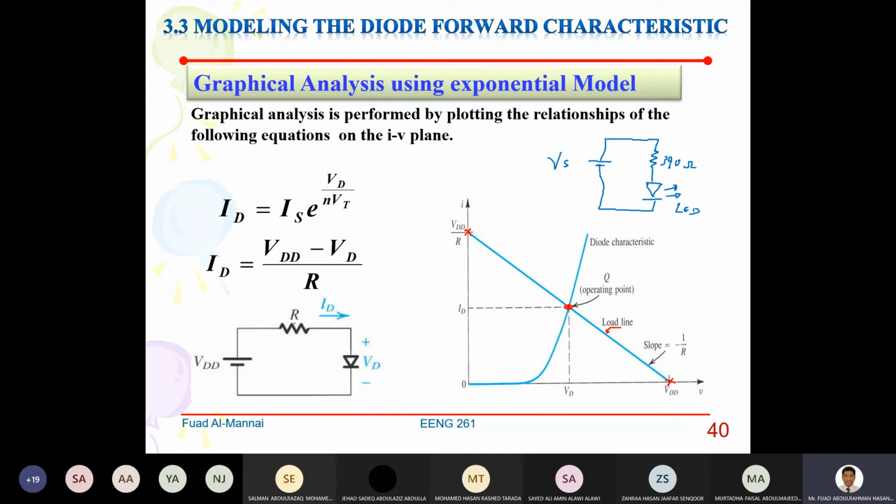If you want to calculate ID, you take KVL: minus VDD plus ID R plus VD equals 0. Solving for ID, it gives ID equals VDD minus VD divided by R. Everybody got that?